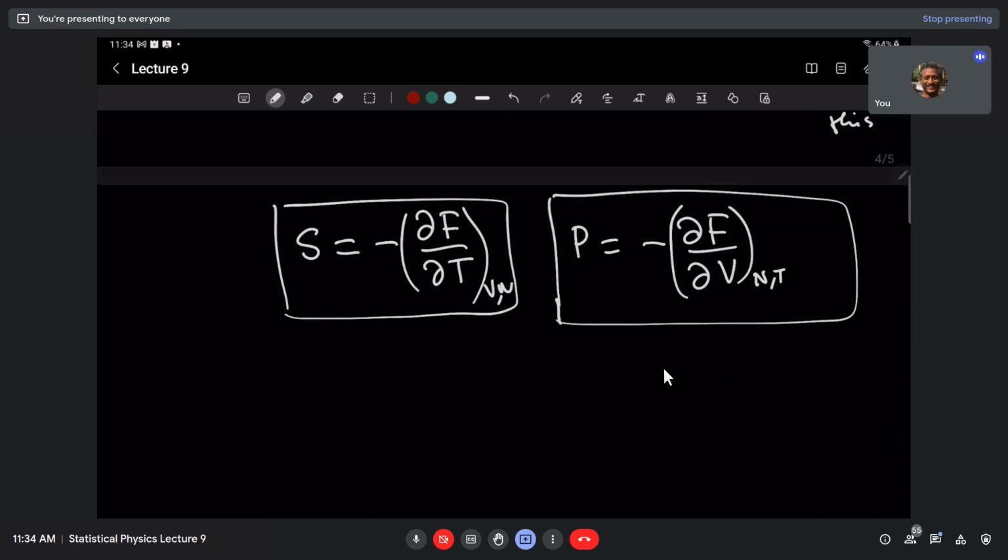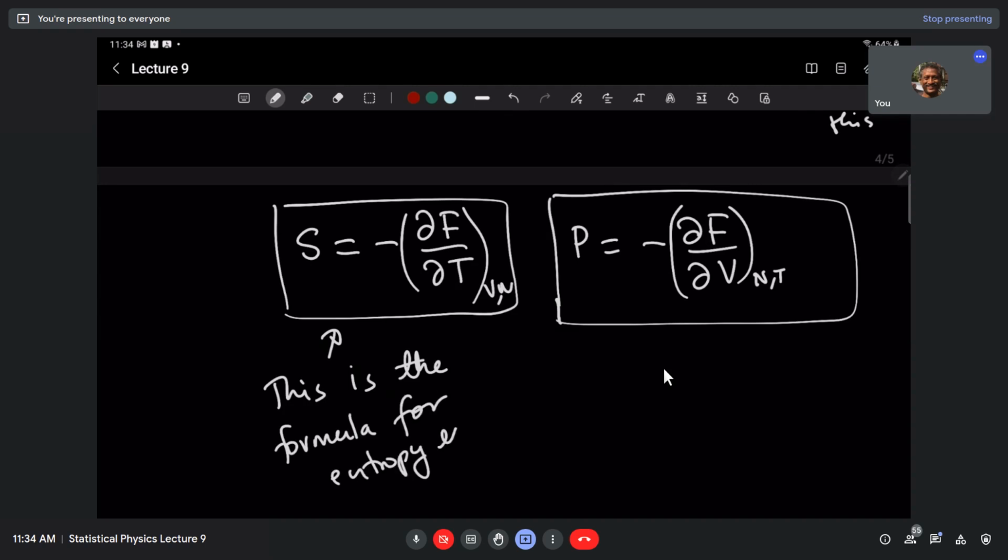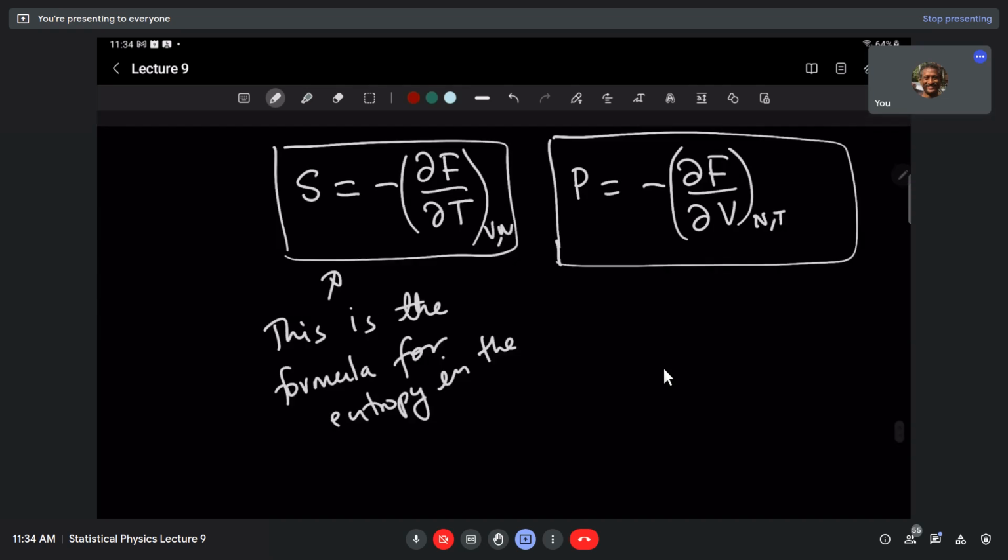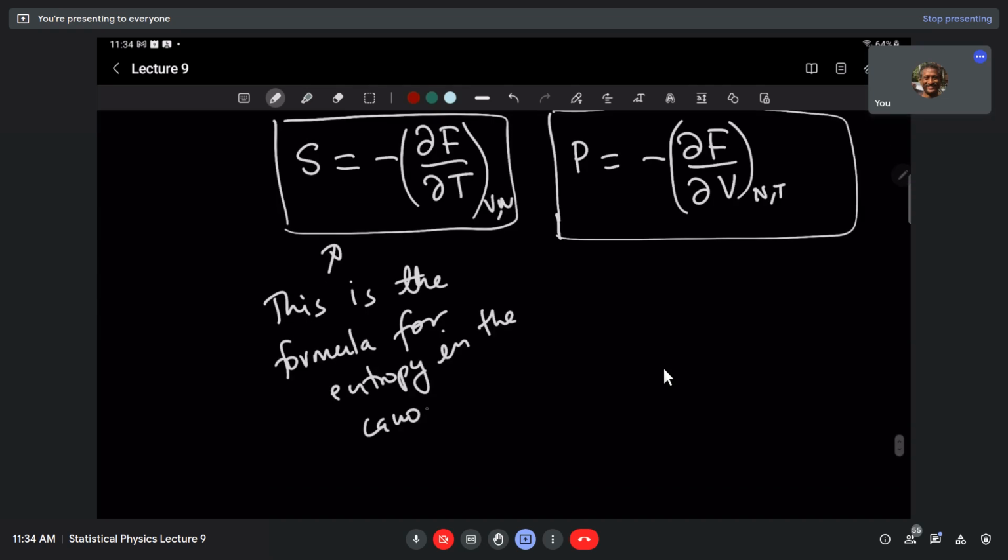This we had derived last time, and now we got a very simple formula for entropy. So we got a nice formula for the entropy in the canonical ensemble.